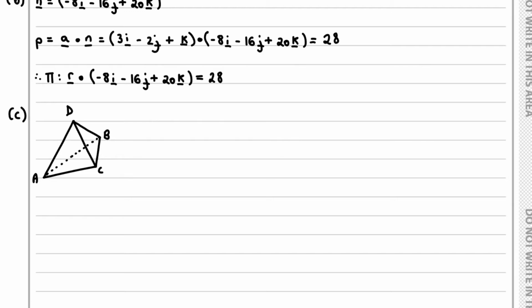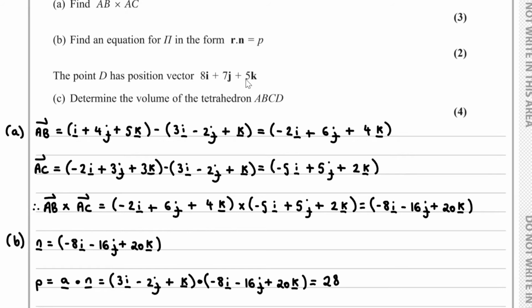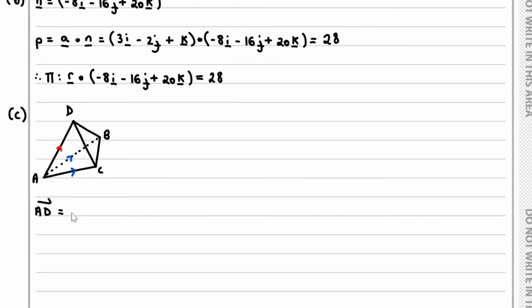We've just worked out the vector AB, and we've also worked out the vector AC. What we also need to do is work out the vector AD. This is equal to the vector OD, which is 8i plus 7j plus 5k, and we subtract off the vector A, which is this vector here.